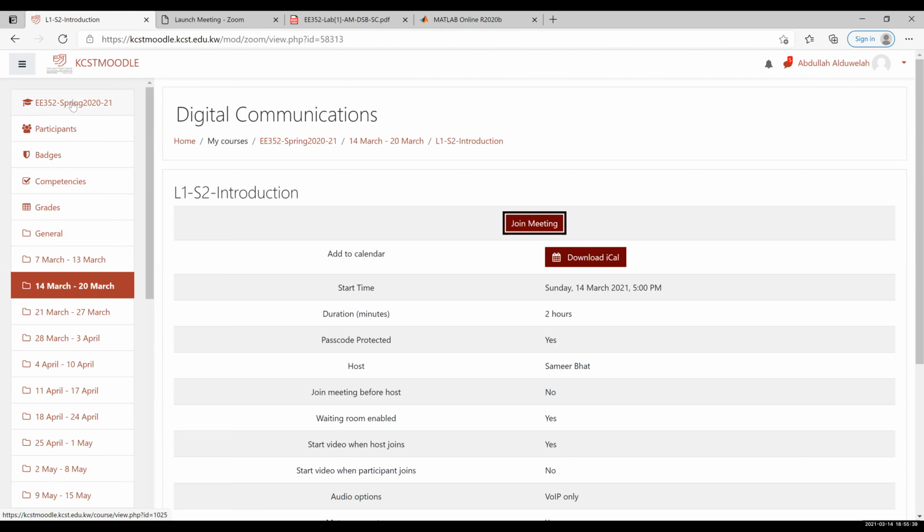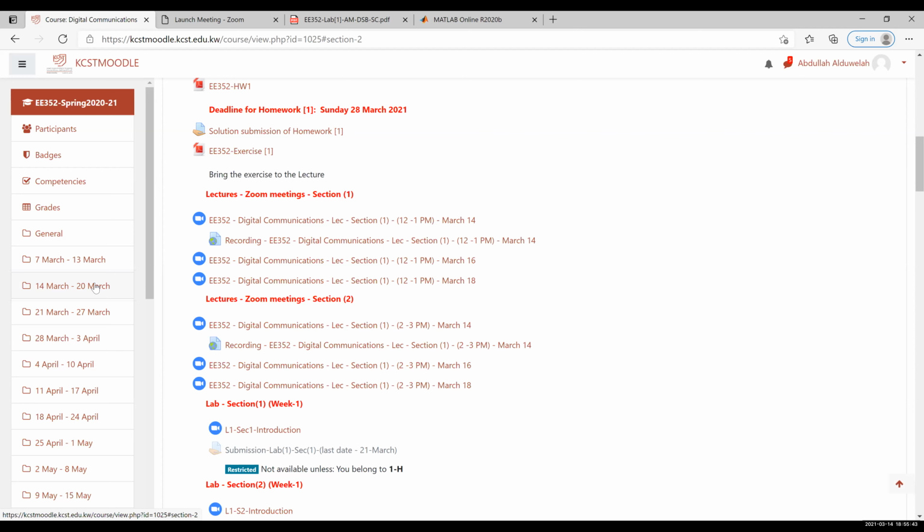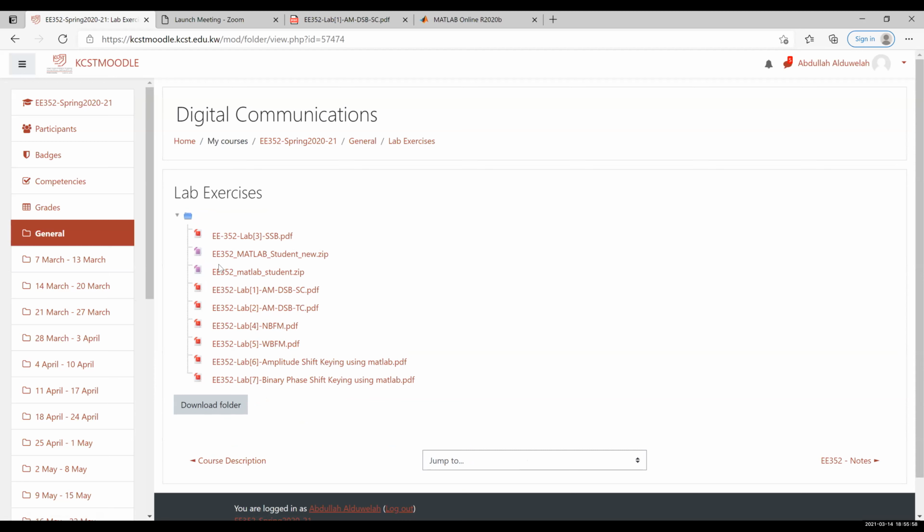Okay, here. Go to this week and scroll up. Here, go to labs. And here you have this file. You see this MATLAB student.zip? Yes.